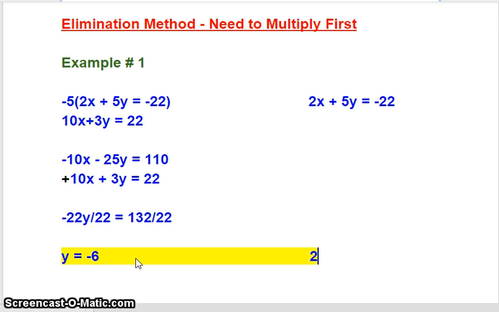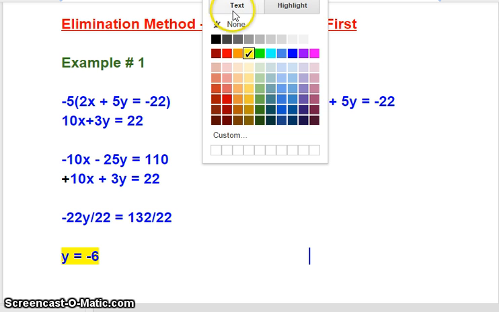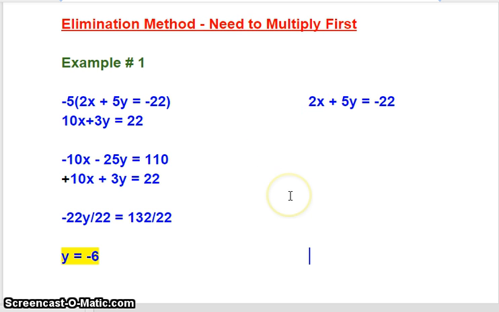As you can see, I am getting used to using this, and like I said before, really need a stylus here. All right, so let's plug in negative 6 for y. So we still have our 2x. And now it's 5 times negative 6 equals negative 22.